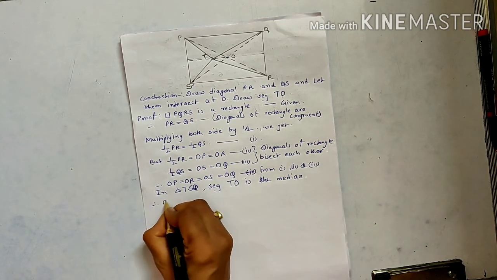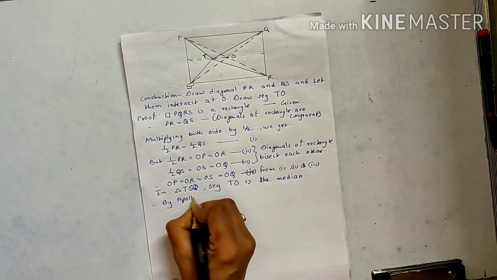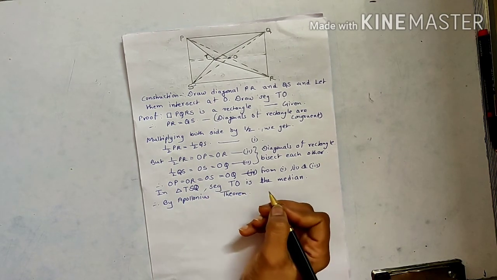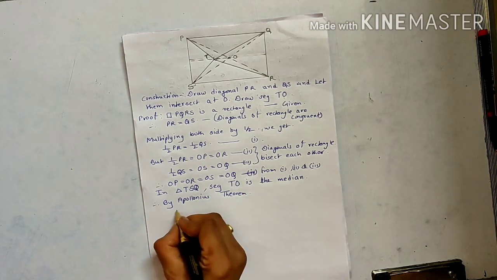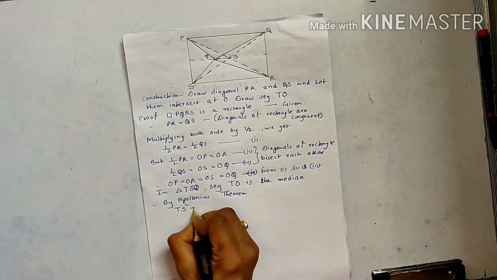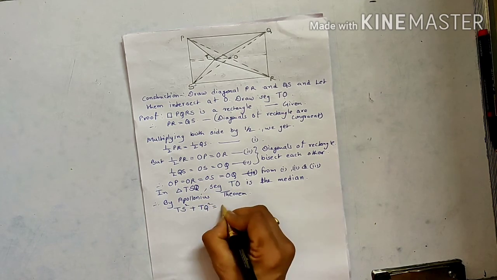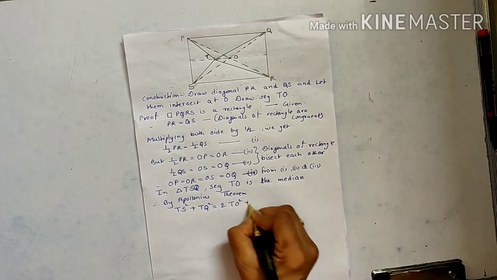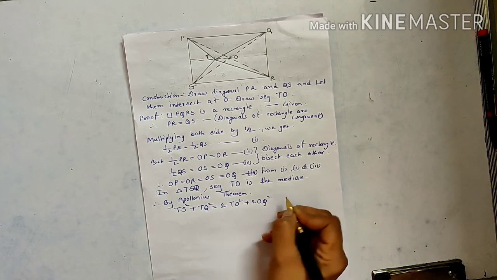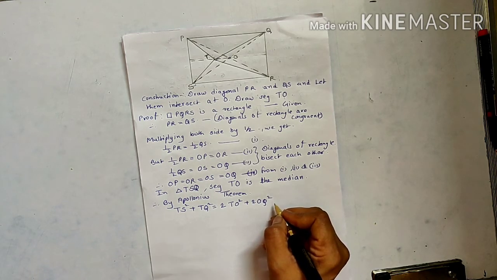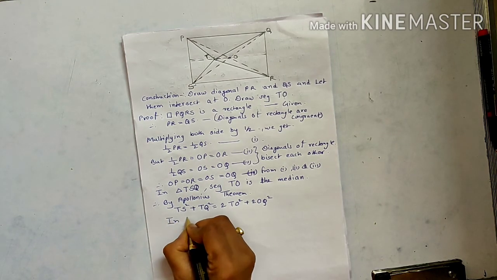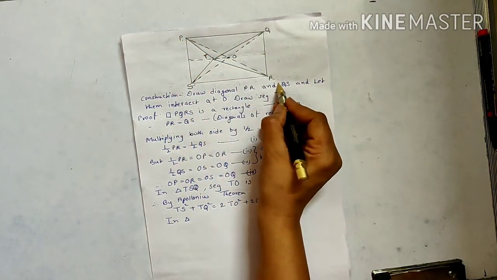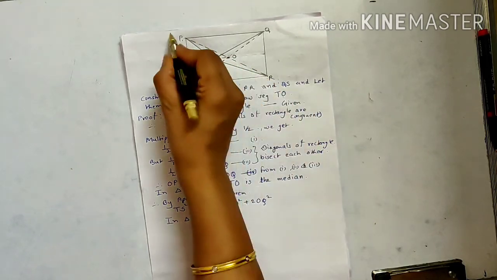Therefore, by Apollonius theorem, we can write TS square plus TQ square is equal to twice TO square plus twice OQ square. Same way, now consider triangle PTR. In triangle PTR also, O is the midpoint of PR.